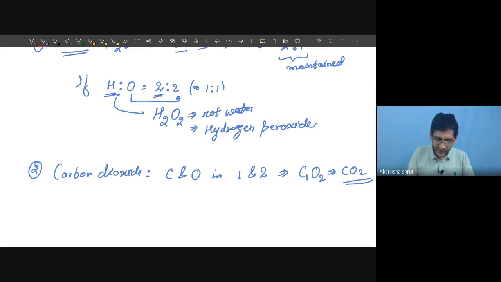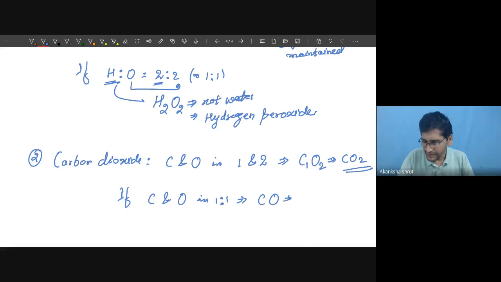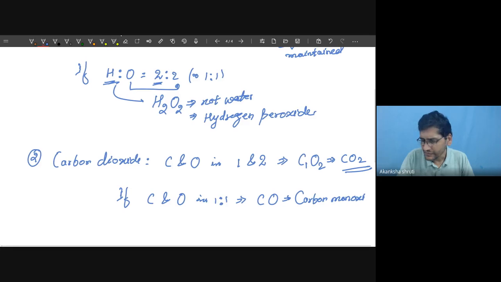Is it okay? Say if we change this, so we are taking 1 carbon and 1 oxygen in 1:1, the formula becomes CO. So this is not carbon dioxide, it is a new compound called carbon monoxide. Are you getting it, student?